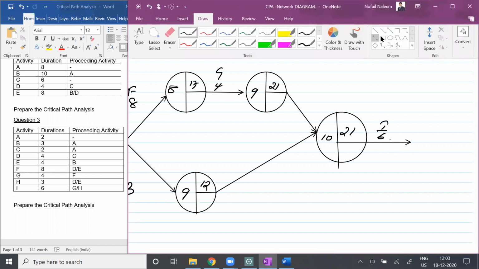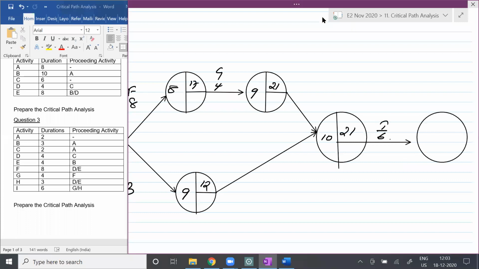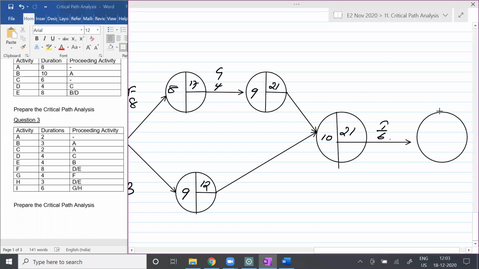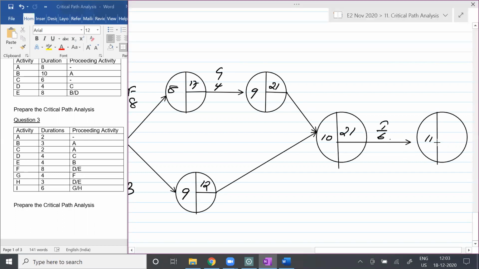So I am going to connect that with another node. Agree, no, students? I am going to put this as the 11th node. It's very simple. So 21 plus 6 is how much, students? 27. So totally the project will complete within how many days, students? 27 days. Any questions there, students?